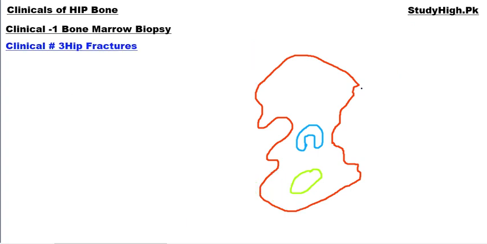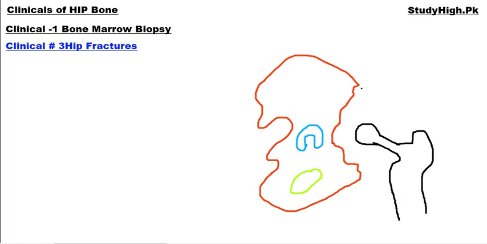Now the next clinical topic that we are going to discuss is hip fractures or avulsion fractures of the hip. First of all, the most common fractures occur in the hip joint. What is the hip joint? The joint that is formed between the femur head and the acetabulum of the hip bone.